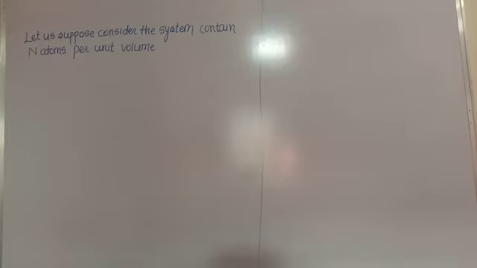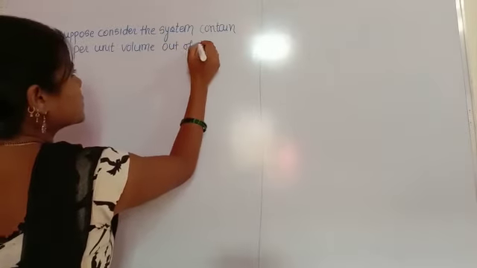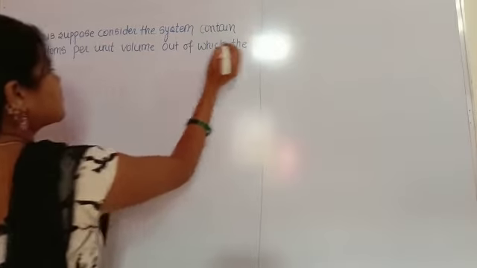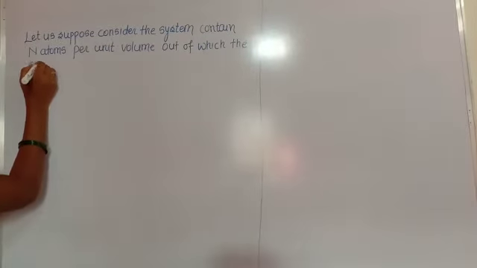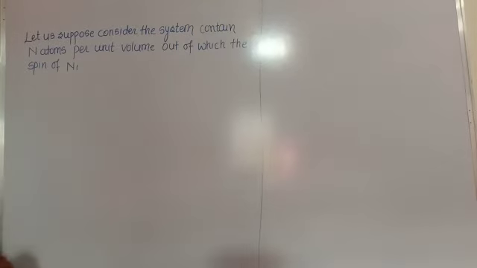Out of these, the spin of n1 particles, the spin-half particles, are in the lower energy state, and n2 are the spin-half particles in the upper energy state.